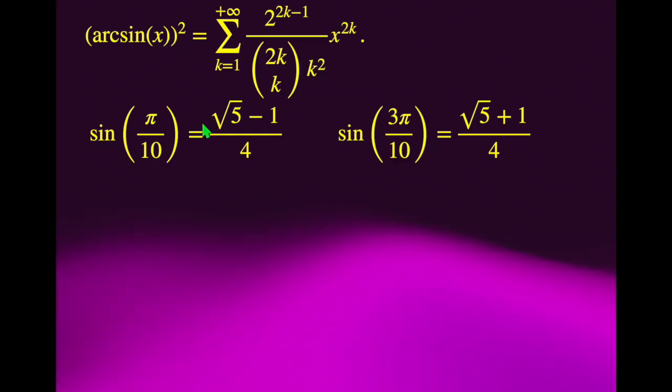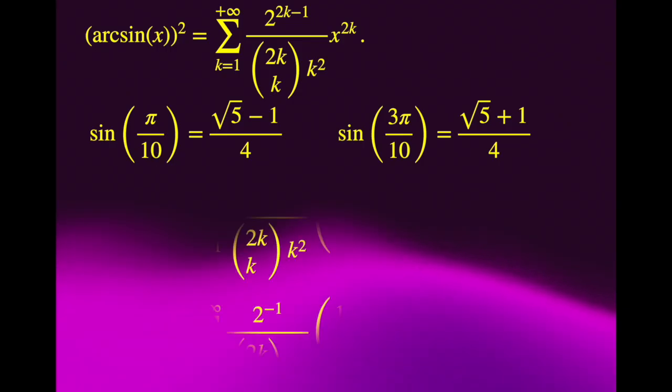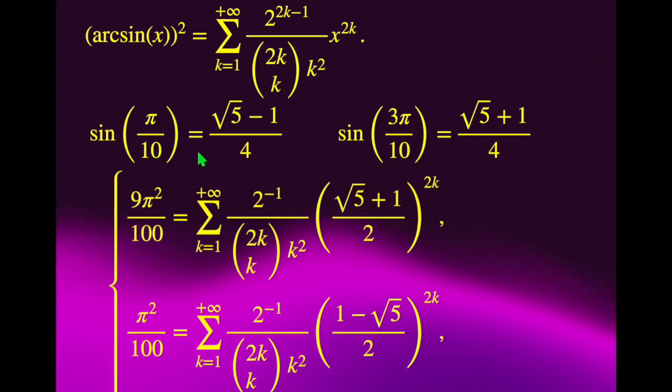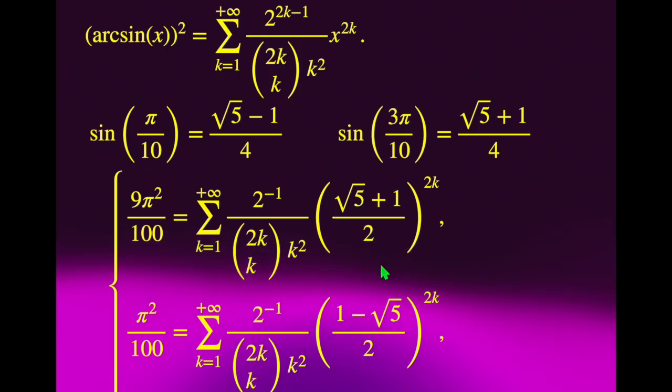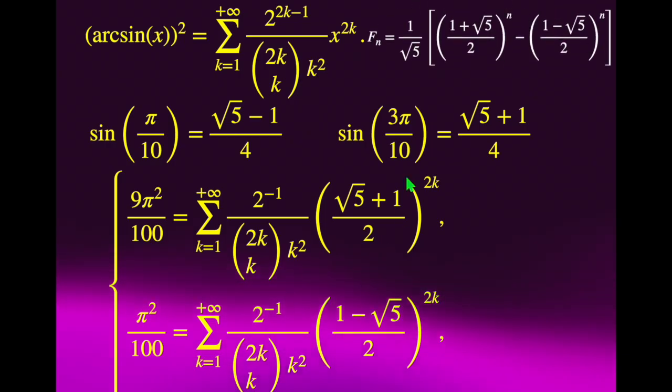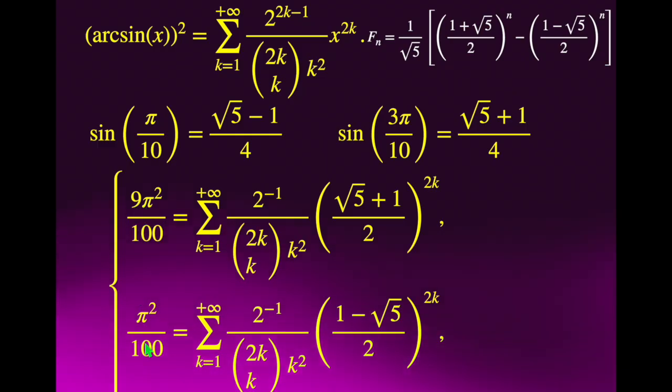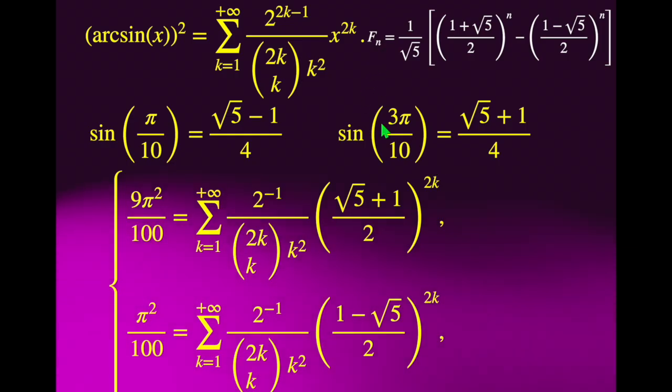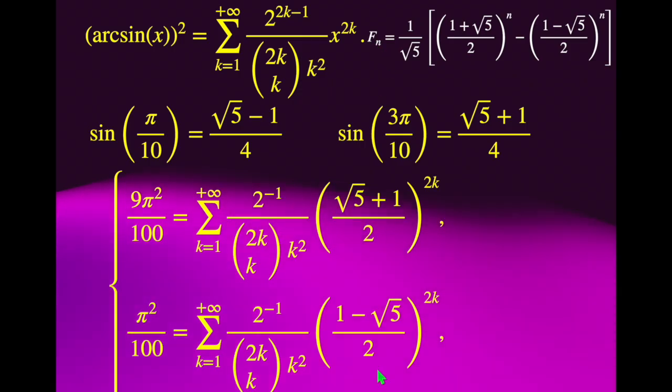And we do the same for sine pi over 10. So we get these two formulas. As we can see, we have the expression of the golden ratio, which appears in Binet's formula. So if we take the difference between these two quantities, we will get F_{2k} in this relation.